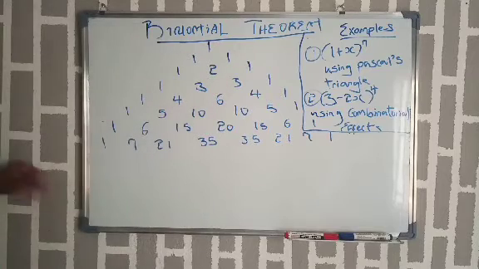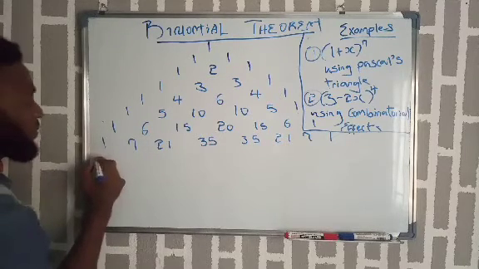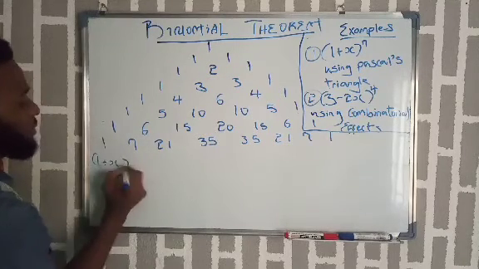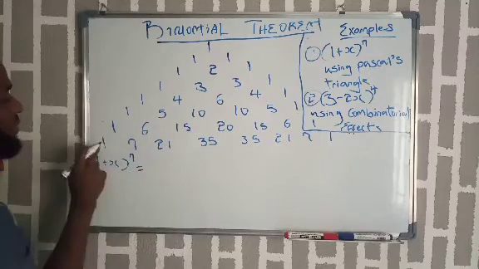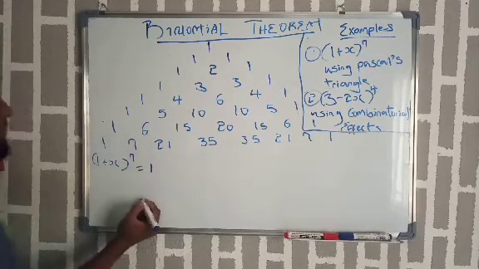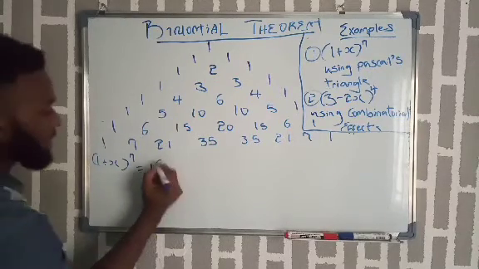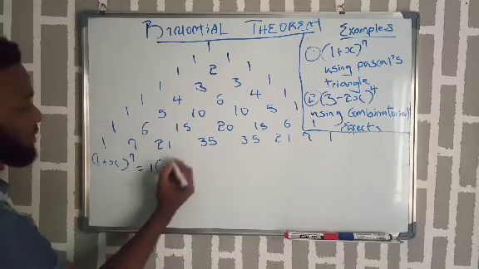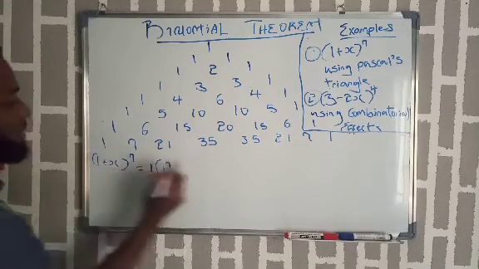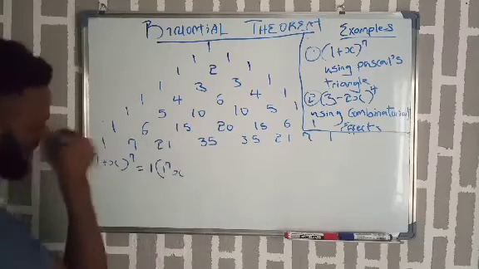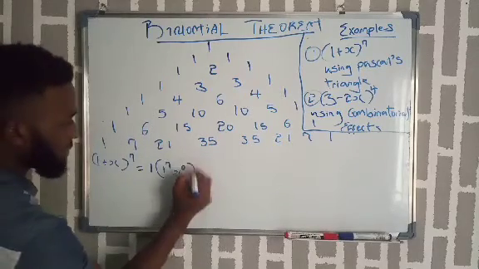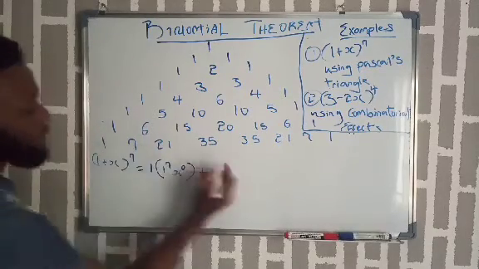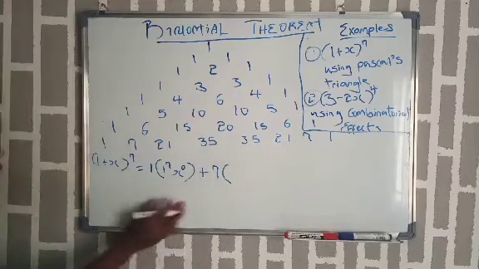So let's expand that. So this is (1 plus x) raised to the power 7, which now becomes, write out this coefficient 1. Then this normal one that was there is 1 raised to the power 7, and this is x raised to the power 0, plus the other coefficient, which is 7.